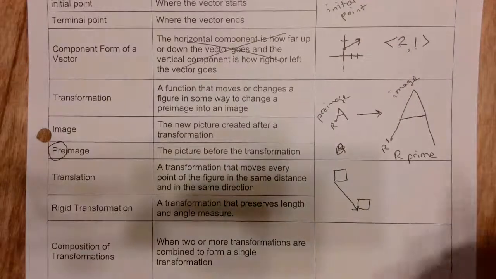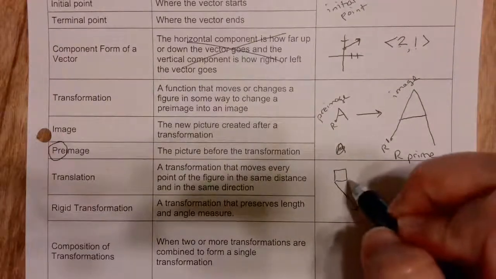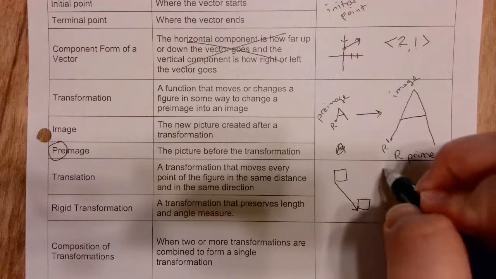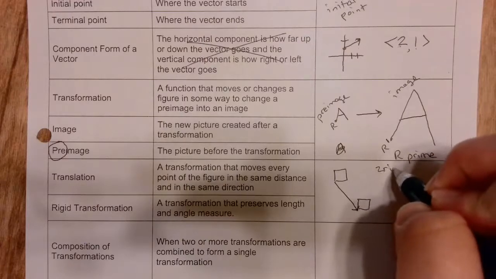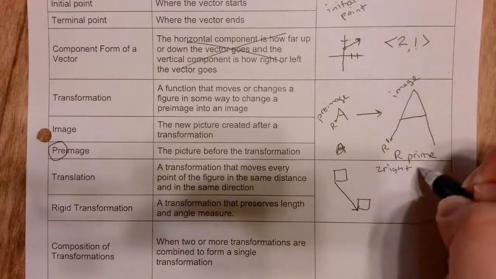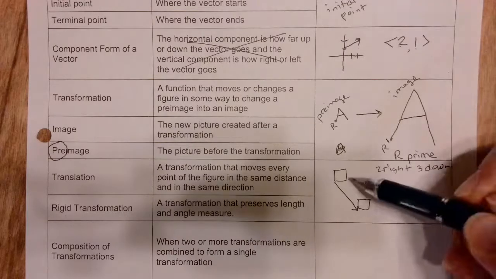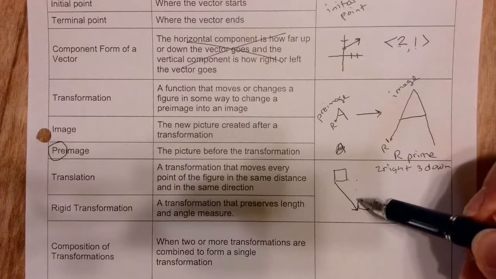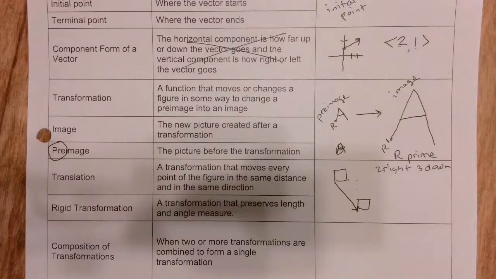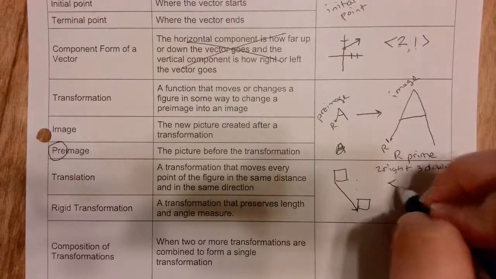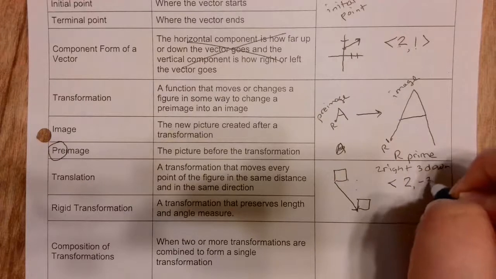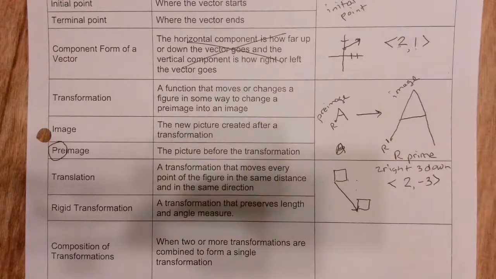And let's say this translation went 2 right and 3 down. Went 2 units to the right and 3 units down. Well, we would say that it was translated by the vector 2, -3.